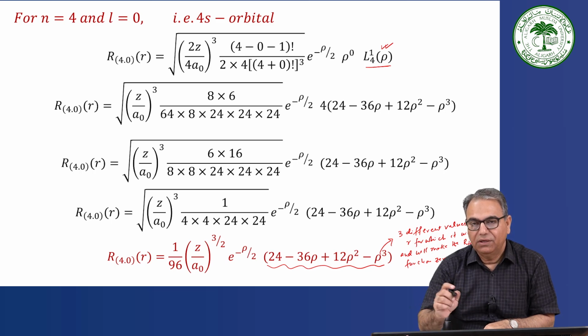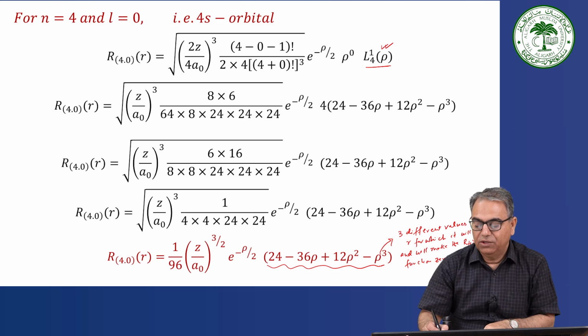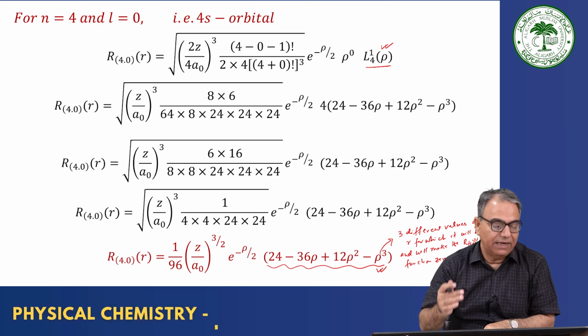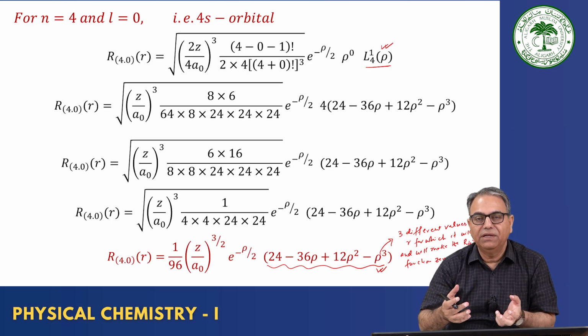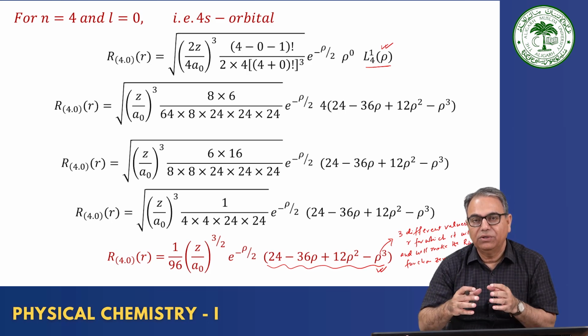In the case of the 4s orbital you have an equation with rho raised to the power 3. So you have 3 different values at which the function will be 0. So we are trying to explain all those observations and information which we already have through quantum mechanical calculations, through the calculations of radial wave functions.